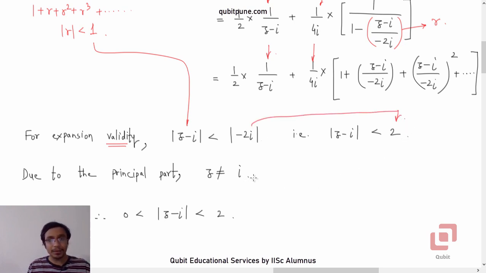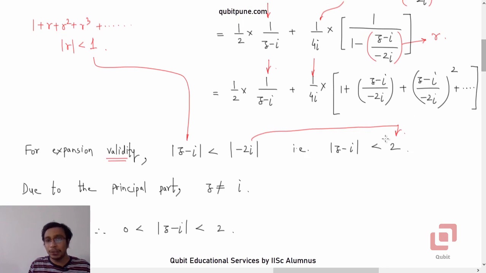And you cannot have z equal to i because of this principal part. The region of convergence will be 0 less than mod of z minus i less than 2.